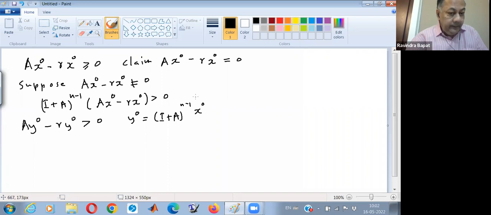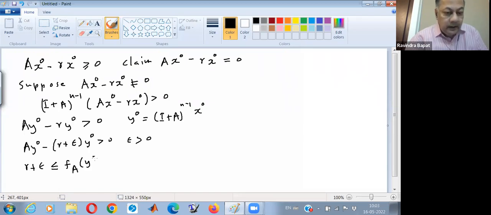Now, if I just add a small epsilon to R, then because it is strictly positive, I can perturb R a little bit by a small epsilon and it will still be positive. So epsilon is positive and small, which means that by the equivalent definition of FA, R plus epsilon is less than or equal to FA(y naught).